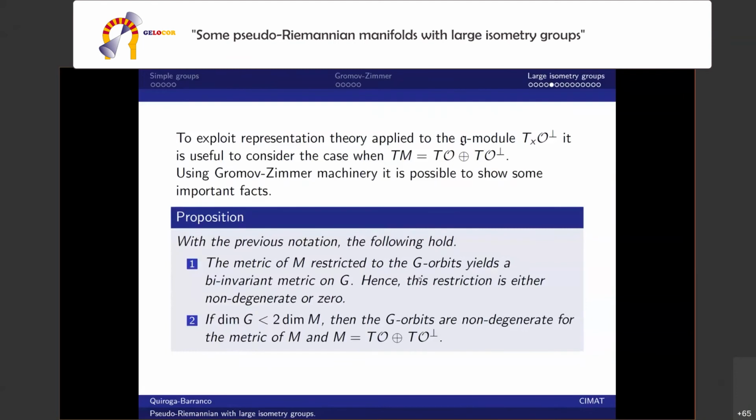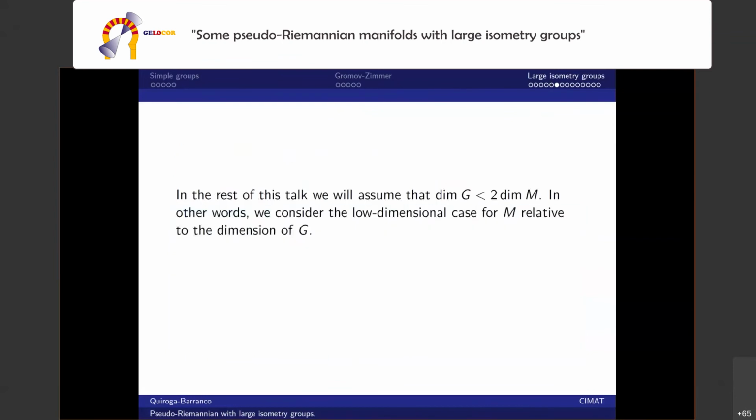Also, it is possible to see that G orbits carry a G-invariant metric, given basically by the Killing form. So as I said, there are strong restrictions here just because of the action of G. Now, there are two situations, but I'm going to assume for the rest of this talk that this holds.